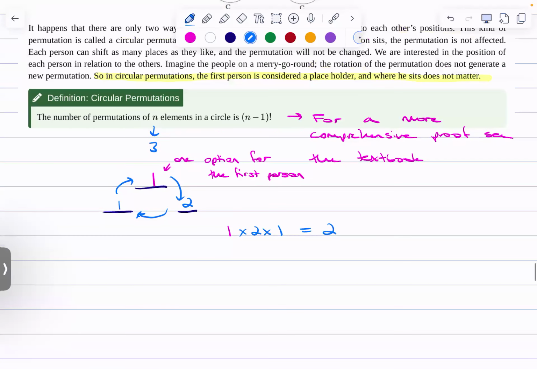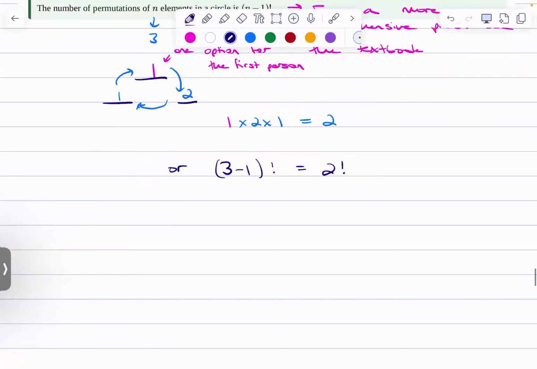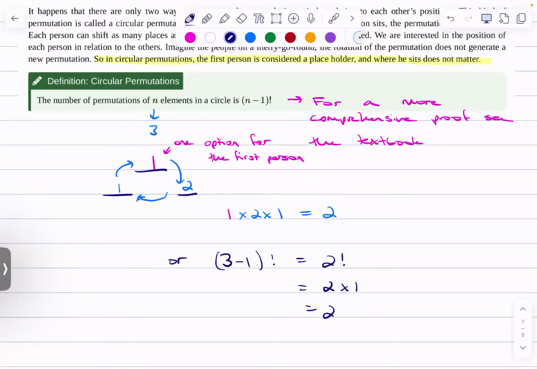If we have 3 elements, 3 minus 1 factorial is 2 factorial, which is 2 times 1, which is 2. I point this out because the n minus 1 factorial for circular permutations is not on your formula sheet, so we have to keep it in our minds.